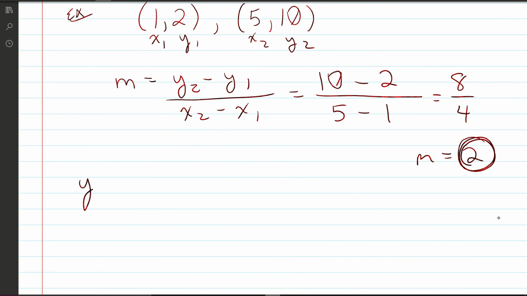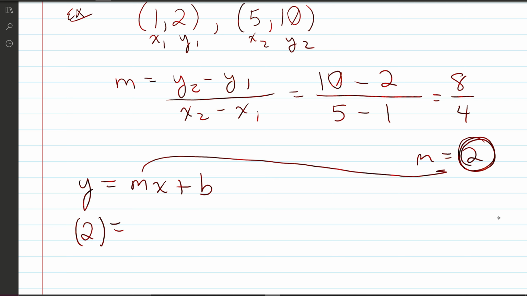Alright, so we're going to use slope-intercept form, and we're going to plug in for y, m, and x, and then solve for b. So our y is 2, and we just got that from right above that ordered pair. Our m is what we just found, right, to be 2. And our x is from the ordered pair as well.